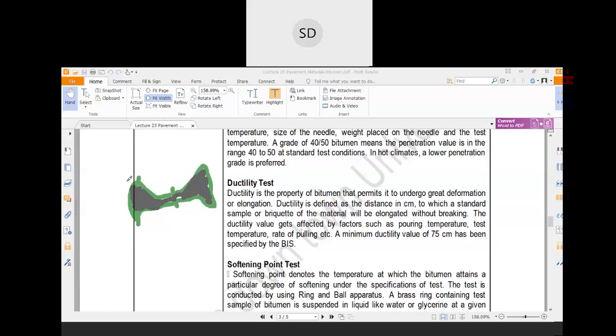When you start the instrument, it will pull the two sides of the briquette. If you pull this up, the bitumen content over here will get elongated and it would be shaped like this.